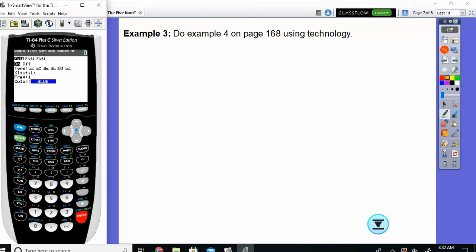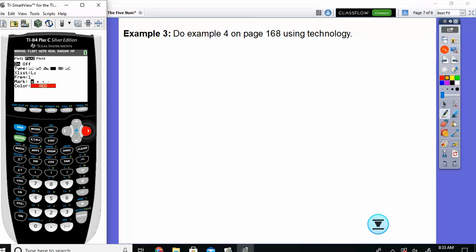Then if we want to graph both of these, so if I only had one, this is all I would need to do. But I want to graph both of these lists at once. So let's also go to our L2. So I did second stat plot again. And now I'm going to go to plot 2. Okay, so you had plot 1 turned on for your first list. Plot 2, I want to turn it on.